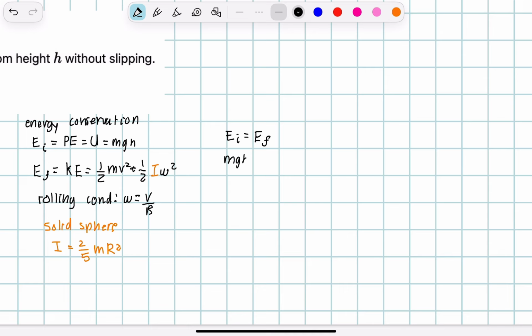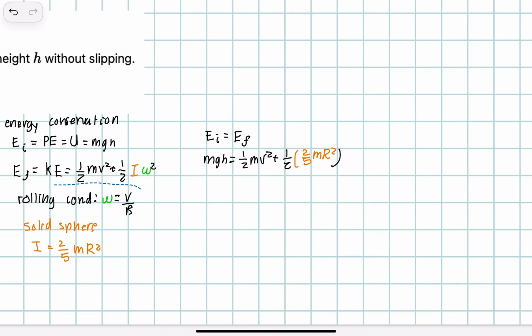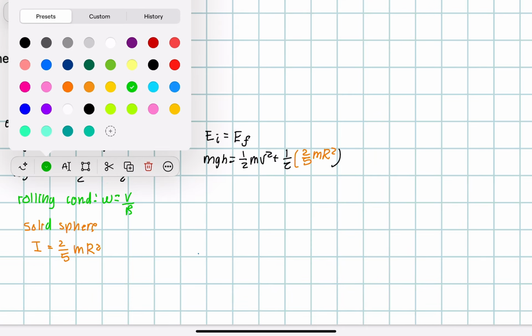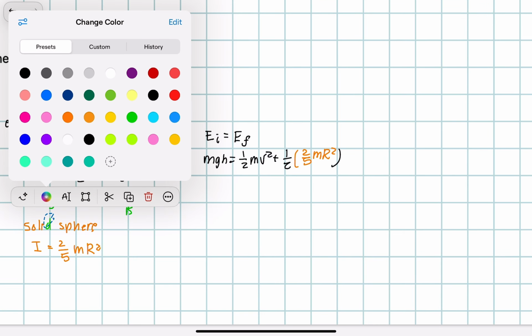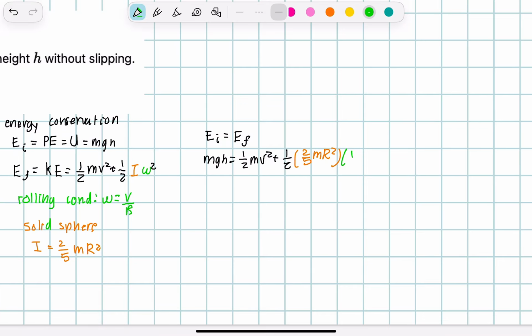Therefore, we can plug in both sides: mgh, and 1/2 mv squared plus 1/2 times 2 over 5 mr squared, and instead of omega we use the rolling condition, which is v over r, squared.